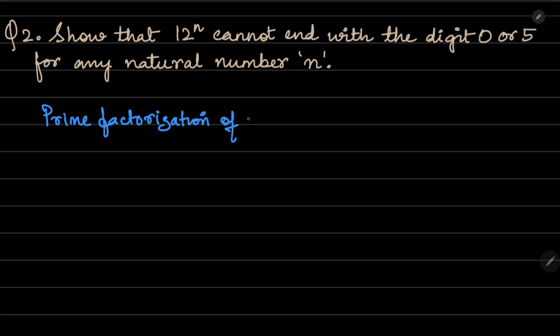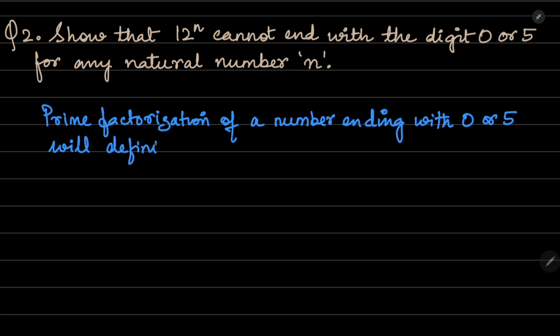Prime factorization of any number that ends with 0 or 5 will definitely have 5 as a prime factor in it. So when you do the prime factorization of any number that is ending with 0 or 5, 5 will always be one of the prime factors.